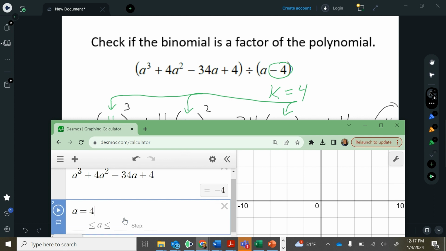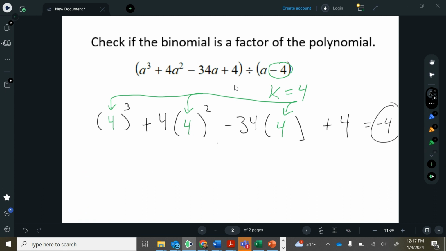A 4. So if we do it like that, again, it gives us the same answer. You see that? Negative 4. So we get the same thing. I just wanted to show you another way to evaluate it on Desmos. But either way, this does not evaluate to a 0, therefore it's not a factor. So here's our answer. No, a minus 4 is not a factor.